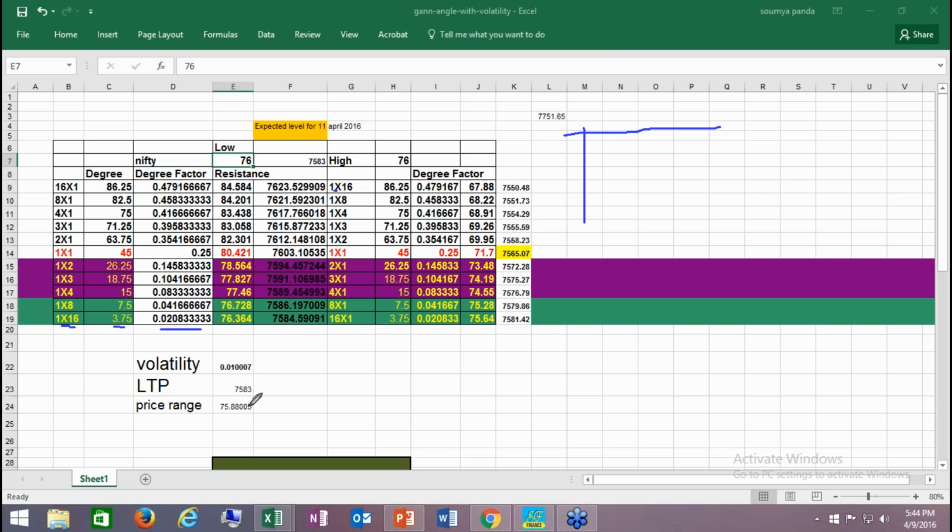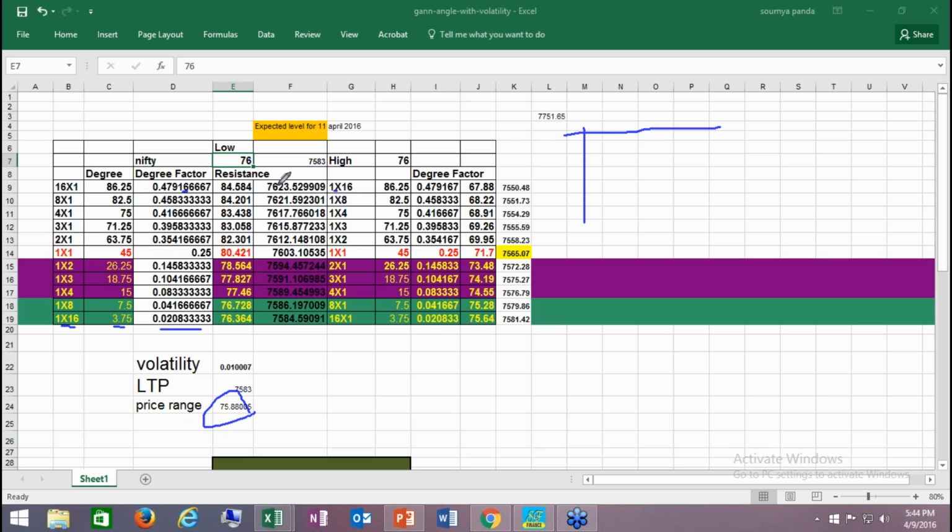Then based on the volatility we have calculated 76 points. That 76 points we are multiplying with the degree factor. In all cases we are multiplying the price range we have derived from the volatility with the degree factor.